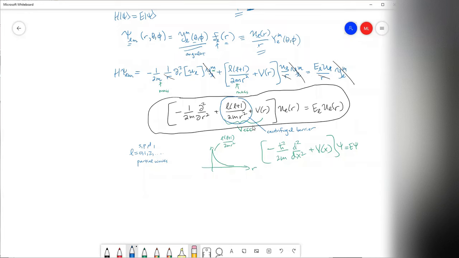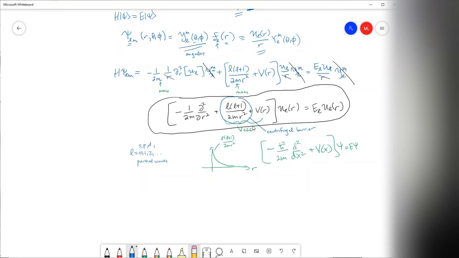Yeah, that graph you drew, the L(L+1)/2mr². I see it's like a barrier from the central part, but is the arrow going downwards towards the r axis? So it has a downward slope. It's not going upward, so it's not approaching from right to left.